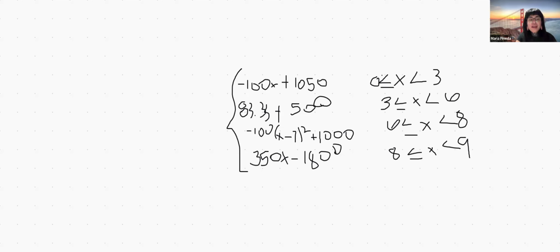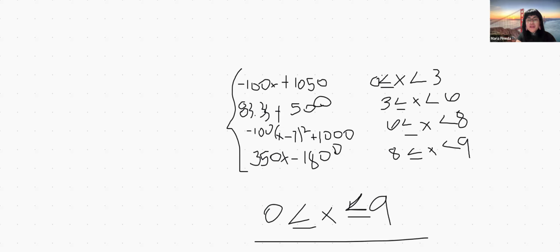The domain would be 0 less than or equal to x less than or equal to 9. This would be your final answer for the domain after doing all 4 segments.